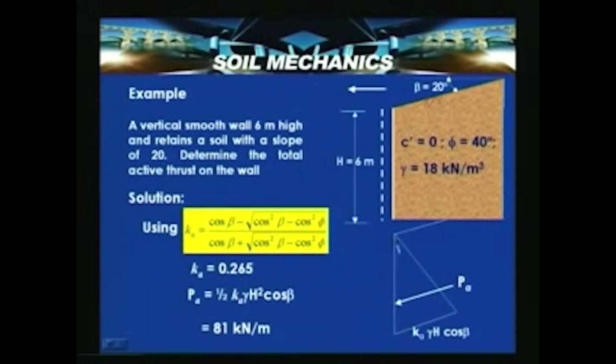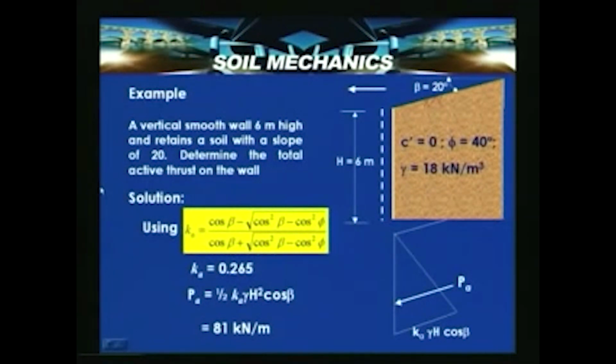But here, in the earth pressure diagram shown, this ordinate is nothing but Ka gamma h cos beta at depth z equal to h, and this is the Pa which is acting at h by 3 vertically from the base, where Pa is equal to half Ka gamma h square cos beta.